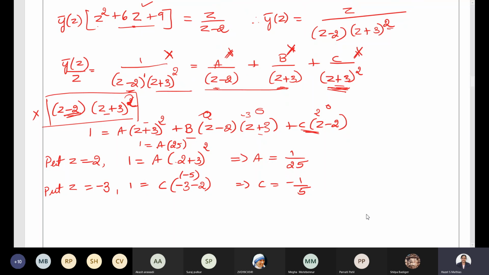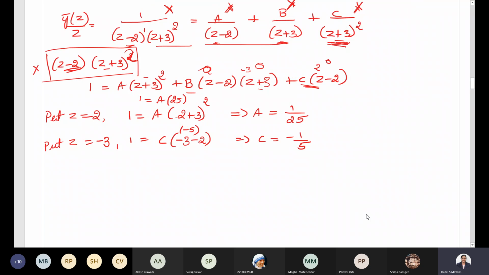Now, to find the value of B, we cannot make any other value 0 so that we get the value of B. It is not possible. So in such a case we equate the coefficient of z square on both sides. What happens when we equate the coefficient of z square on both sides in this expression? C into z minus 2 won't give any coefficient of z square, but here you get z into z.